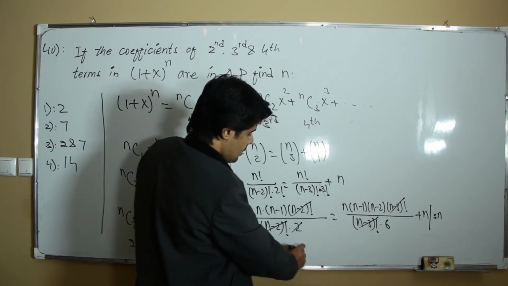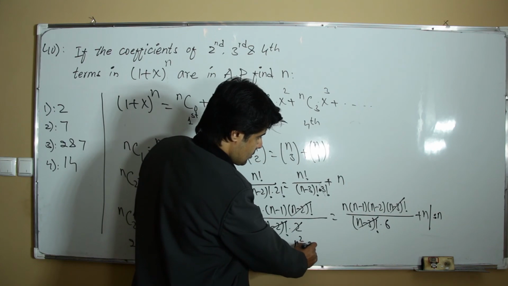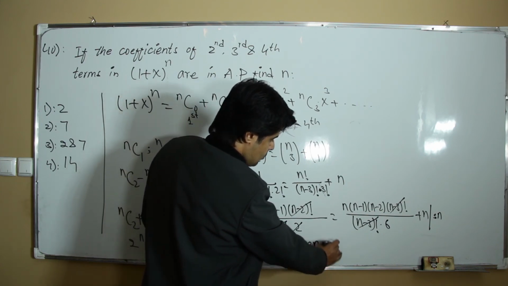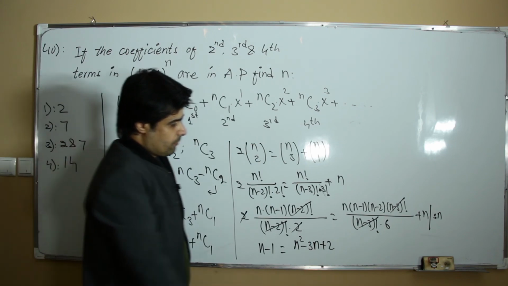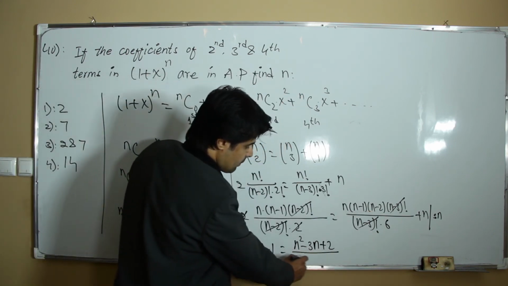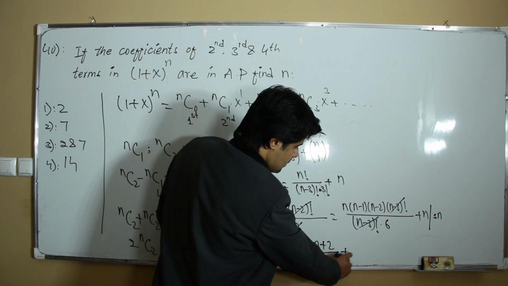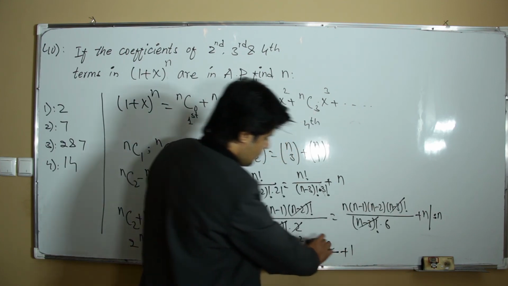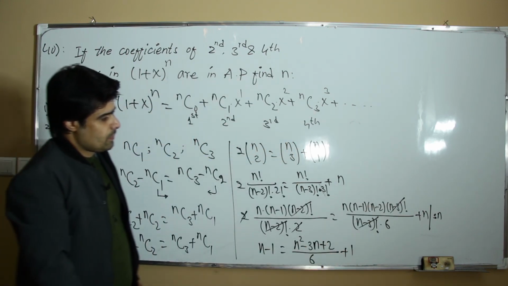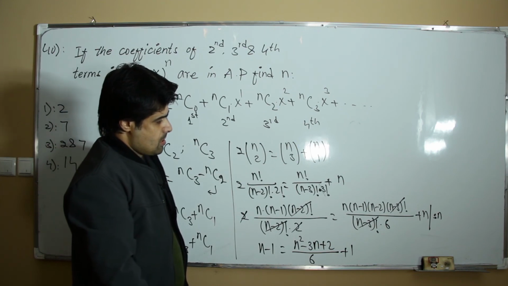Multiply these two. It's n squared minus 3n plus 2. If you multiply this one, divided by what? 6 plus n divided by n, it's 1. Am I right? Yes.